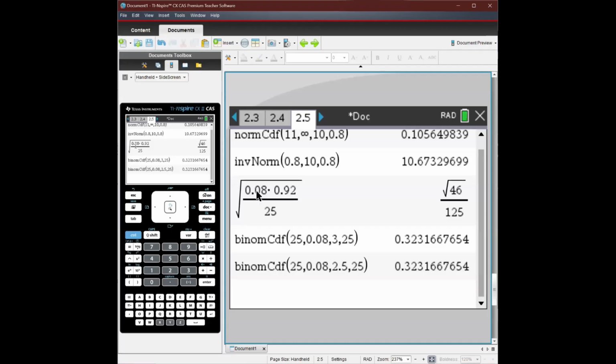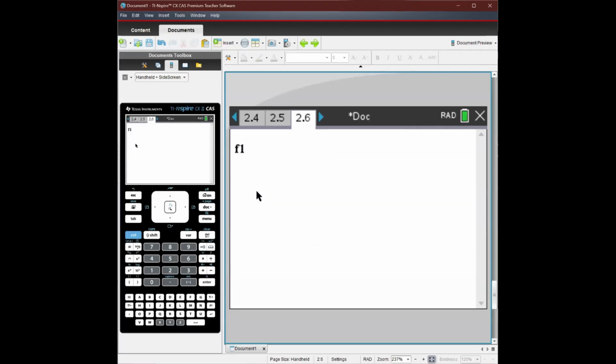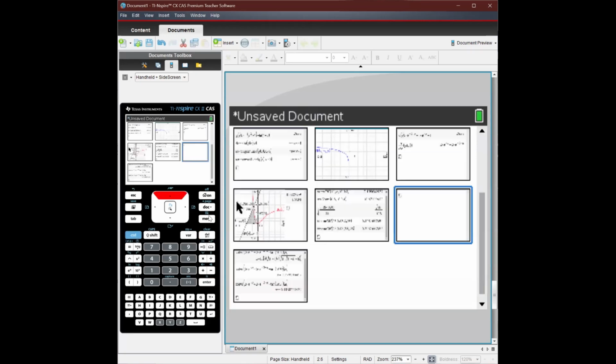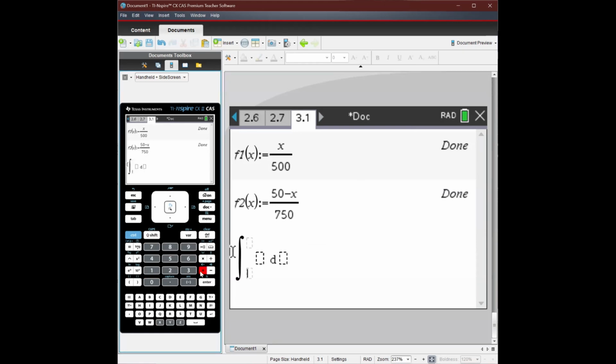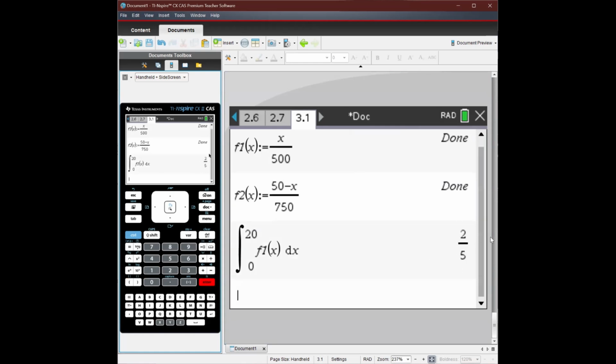I will use a different problem. f1 of x is assigned to x over 500, and f2 of x is assigned to 50 minus x divided by 750. So if I integrate f1 of x dx from 0 to 20, that is not yet 0.5. So I'm pretty sure the median will lie within the second part of the domain, 20 to 50 somewhere.